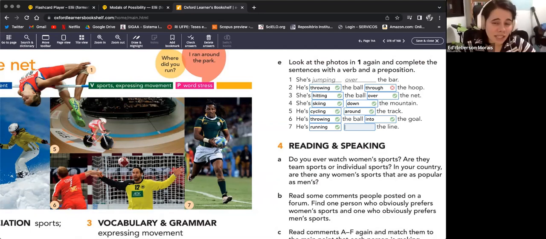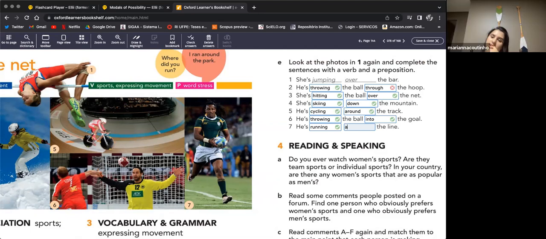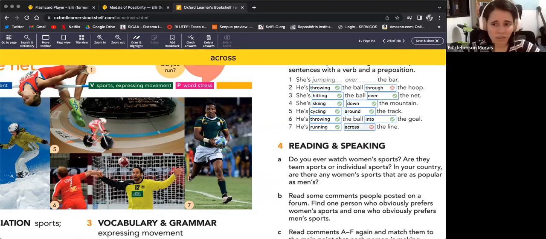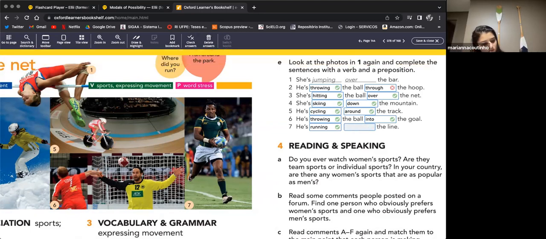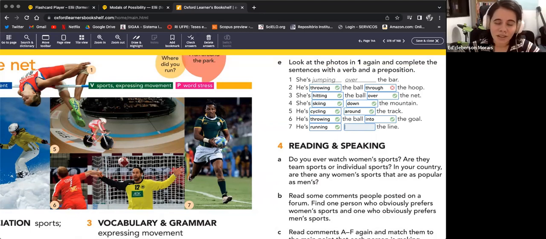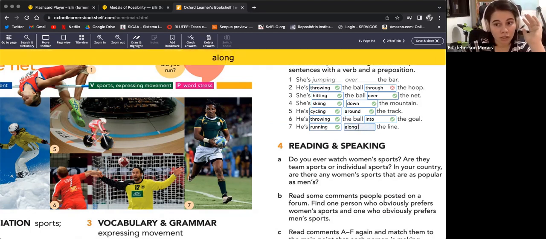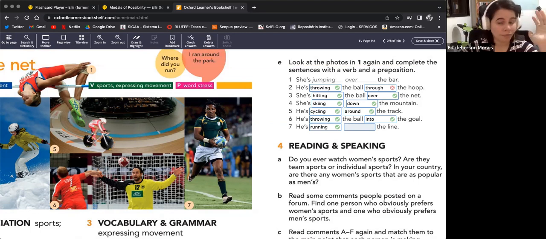For me, it's running across the line. It's not across. Running. It can be along. It is not along, because along é como se ele estivesse indo ao lado da linha, certo? Quando você atravessa a linha, it is across. Mas o livro está dizendo que não é across.